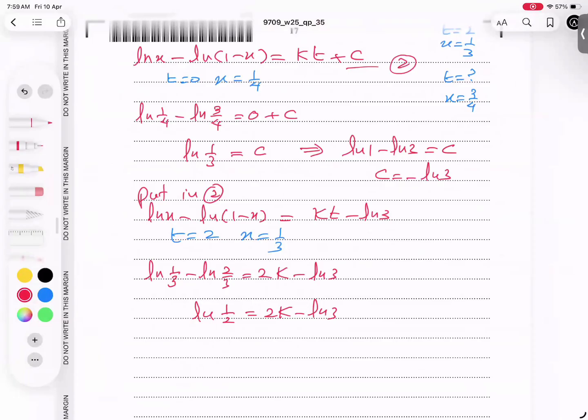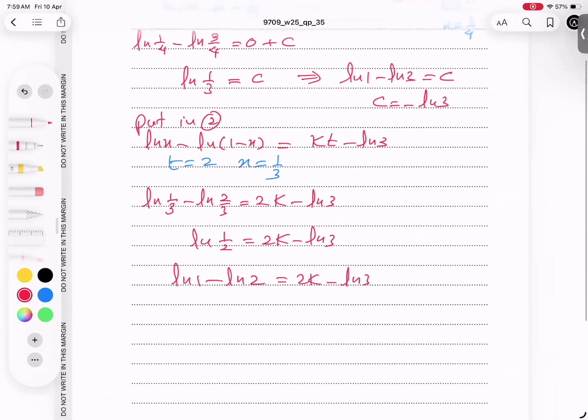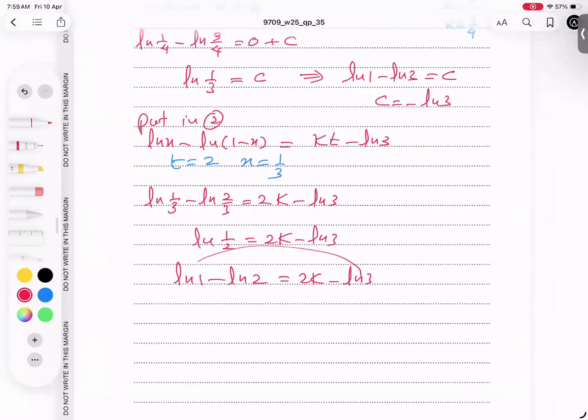I'm getting here, students, if we open it, log of 1 minus log of 2, log of 1 is 0. So this goes there. We get ln 3 minus ln 2. So this turns out to be the k value. There's a negative sign, and so log of 3 up and 2 down. So log of 3 by 2. And this 2 divides, so 2 coming there, half.